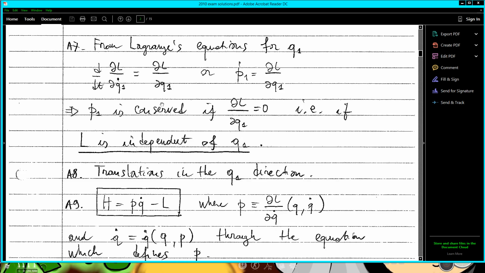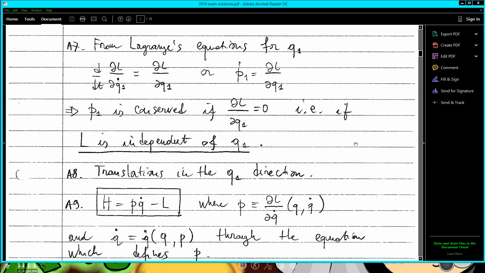It's conserved, like I said, if dL over dq1 is equal to 0, and that is only the case if L is completely independent of q1. That's the condition that it has to satisfy. That's the condition that it asks you to state in the question. If you say that L is independent of q1, that's it.